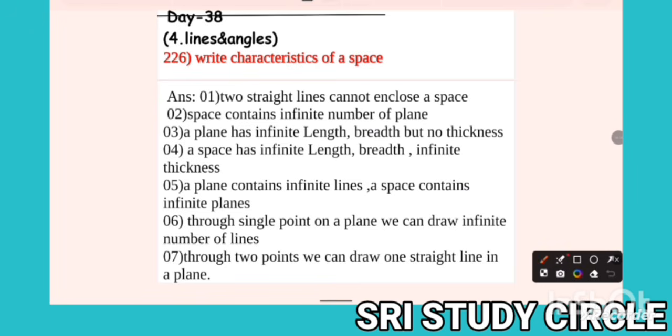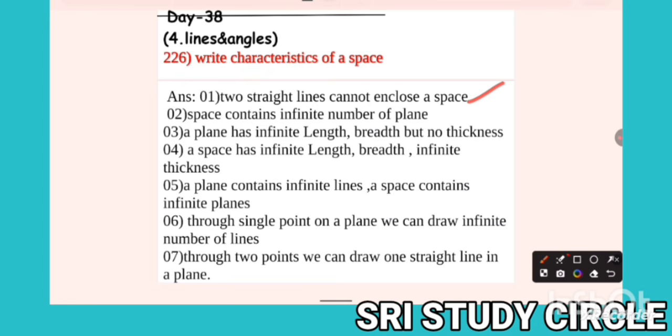Write characteristics of a space. First one, two straight lines cannot enclose a space. Space contains an infinite number of planes. A plane has infinite length and breadth but no thickness.